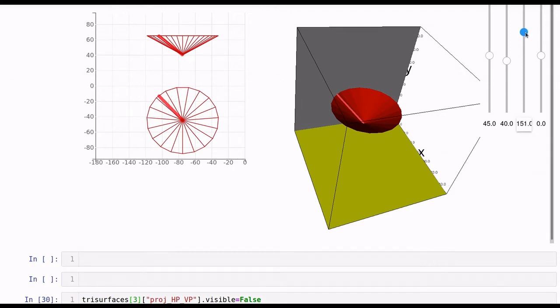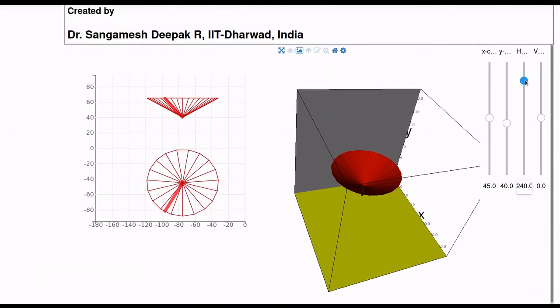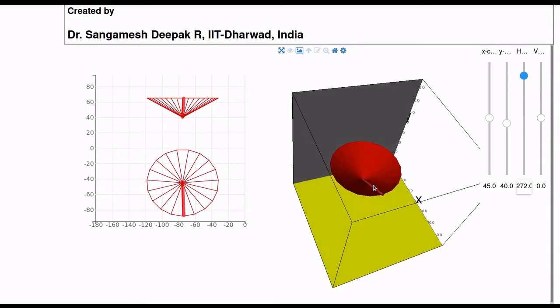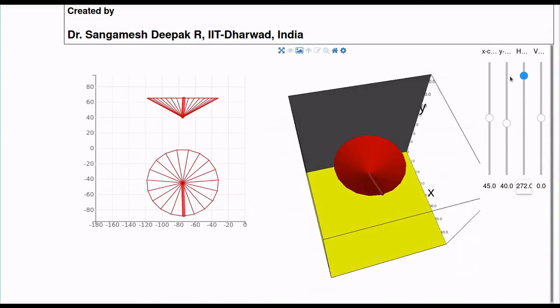and if you look at the spatial view, the line itself is actually tracing a cone. Okay, the cone you can see here. So this is the cone. So you see, that is what actually happens. Okay, so this is actually the locus of the line in the spatial case.